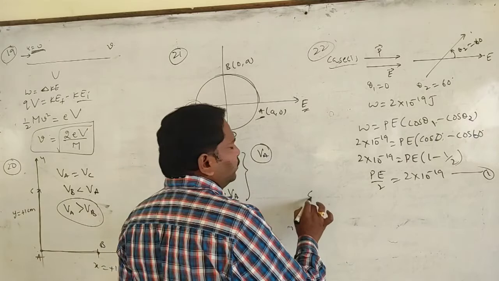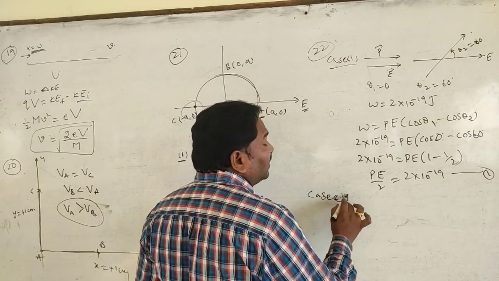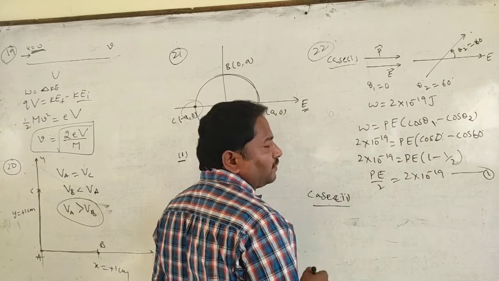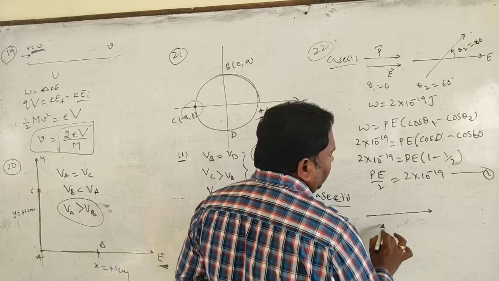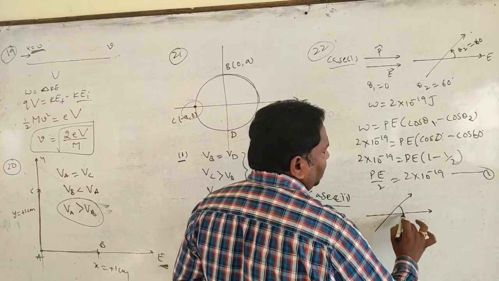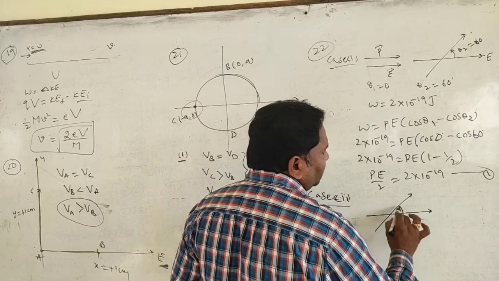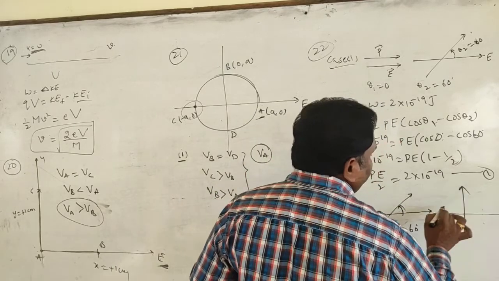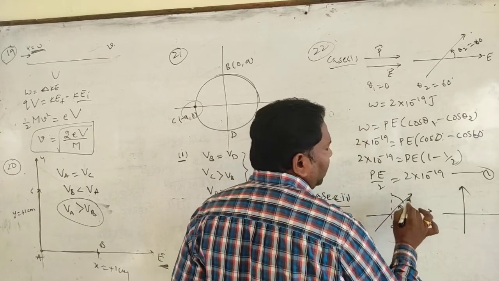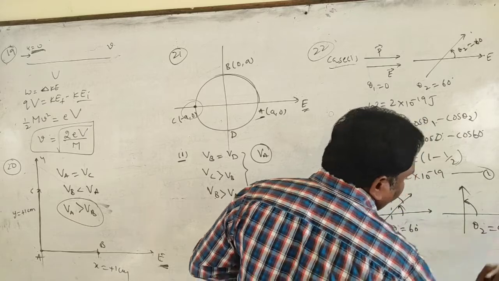Now case 2, what is the work done in further rotation? Already theta 1 is equal to 60 degrees. Further rotation of 30 degrees means now theta 2 is equal to 90 degrees.